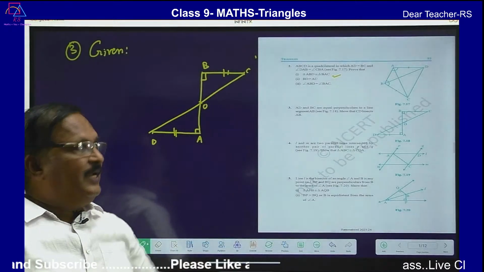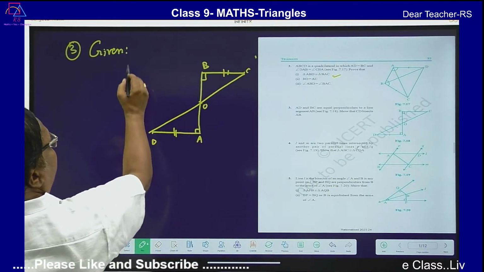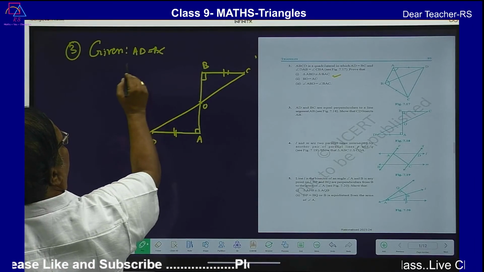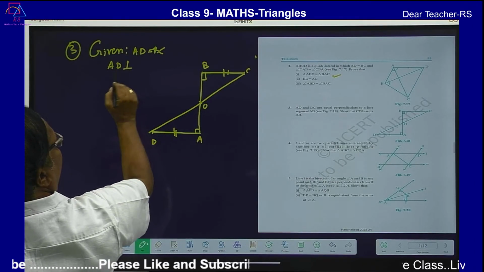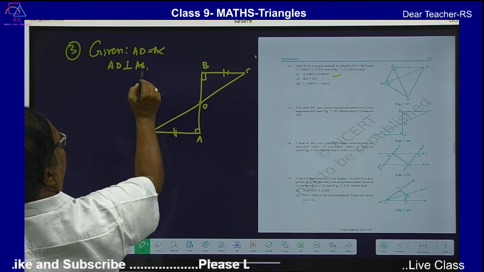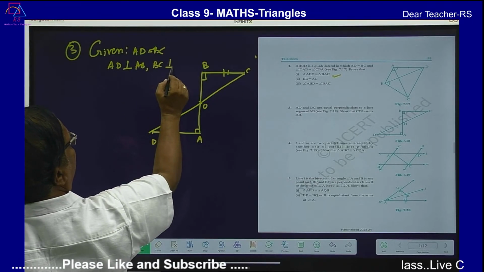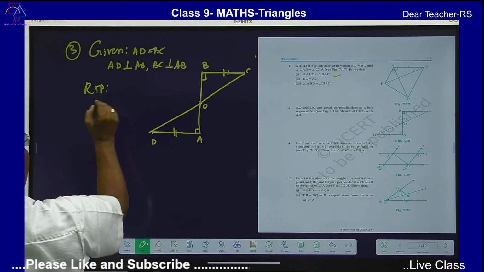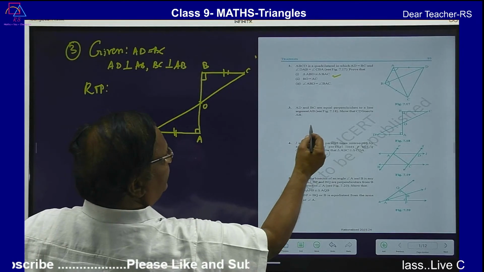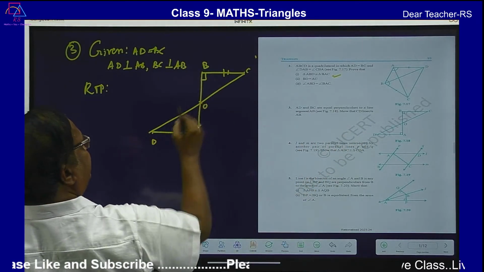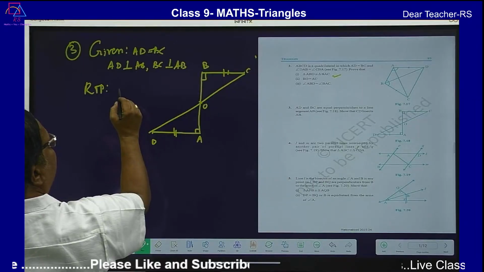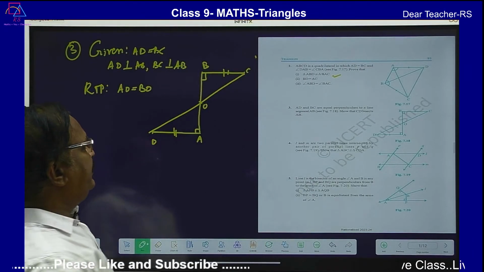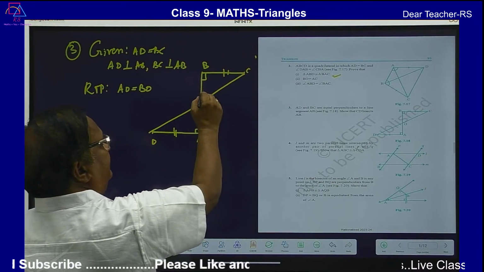You have to prove that AO is equal to BO. So here I should write AD is equal to BC and AD is perpendicular to AB and BC also perpendicular to AB. Now what we have to prove? Show that CD bisects AB. This is the CD. That means AO is equal to BO. That means these two parts are equal.